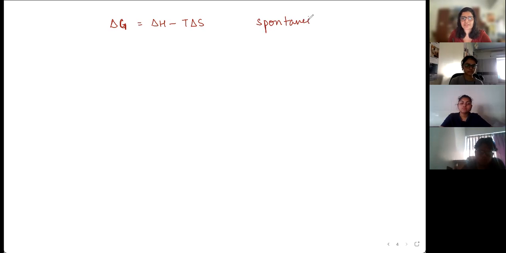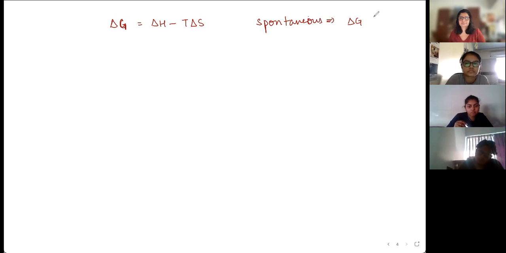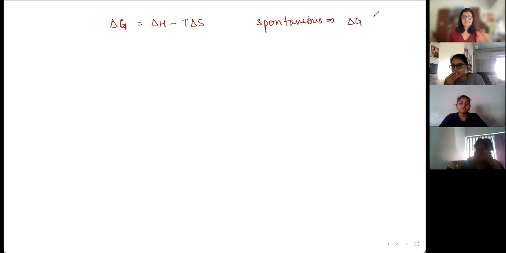So if it's a spontaneous process, like if it will just happen, that means delta G should be positive or negative? You guys remember that? Gibbs free energy. Now I know that both of them have to be like negative or positive for it to be a spontaneous reaction, but I don't know which one.